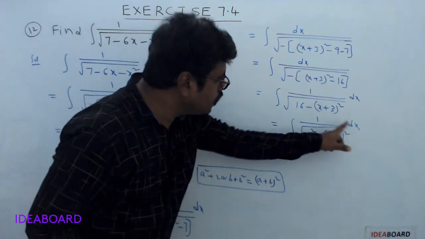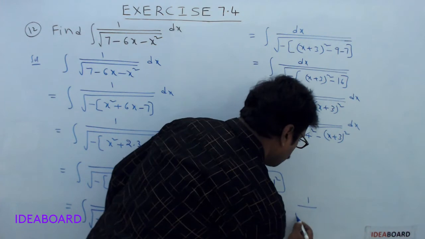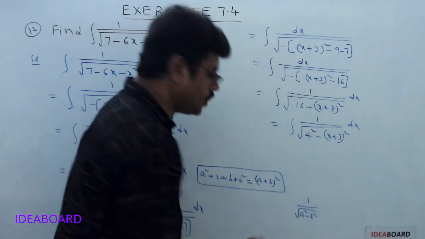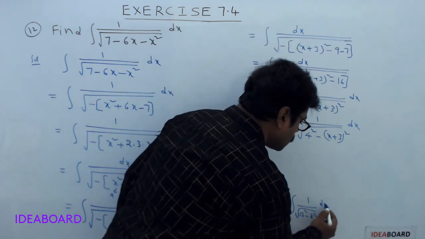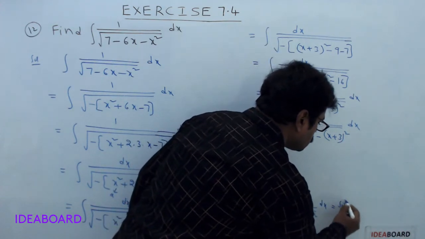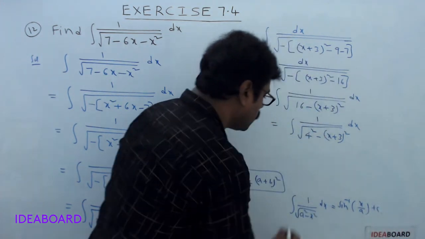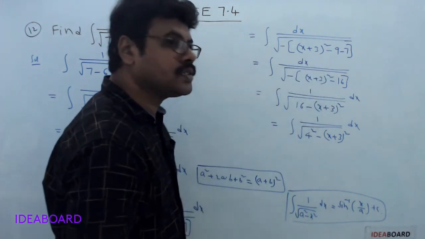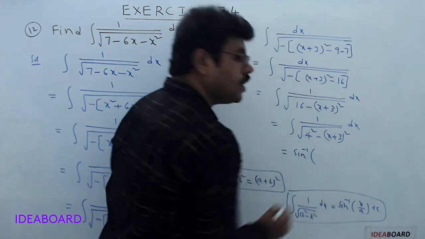Now clearly this integrand is of the form 1 divided by square root of a square minus x square. Integral 1 by root of a square minus x square dx is sine inverse of x by a plus some constant c. Now use this formula on this term. This is sine inverse of x.